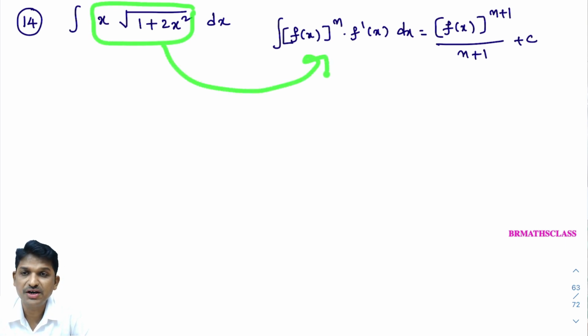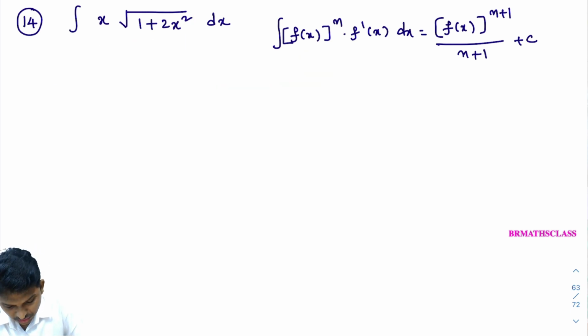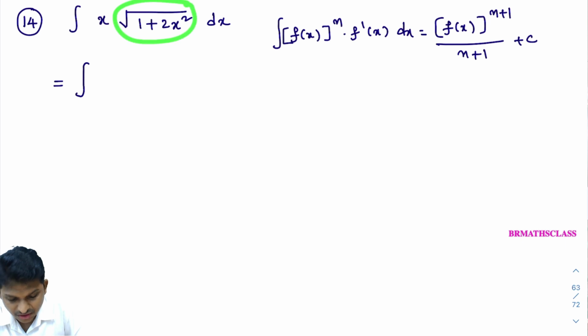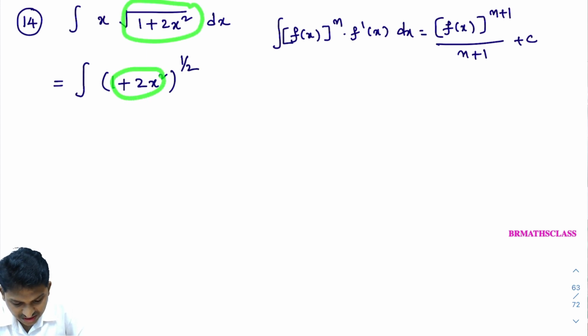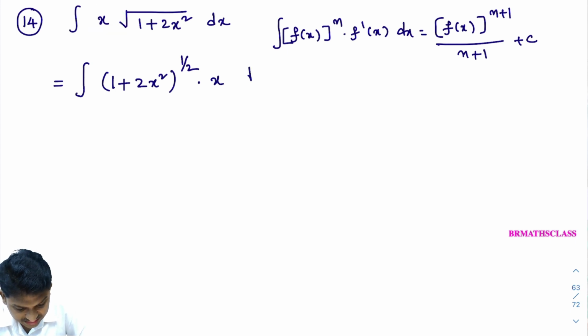That equals the integral of, root over 1 plus 2x square, I'll write like this: 1 plus 2x square whole power 1 by 2, the root can be written as whole power 1 by 2, into x dx.